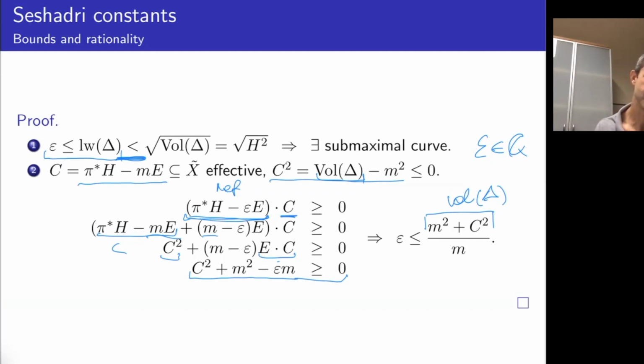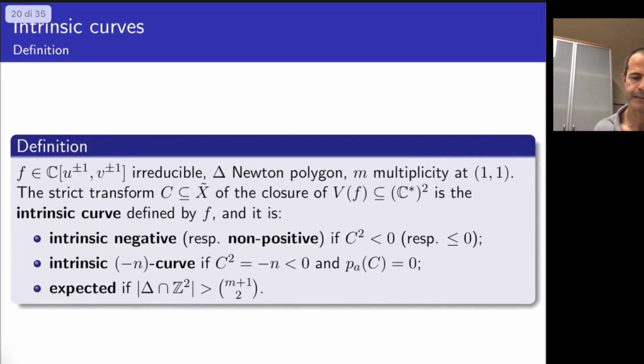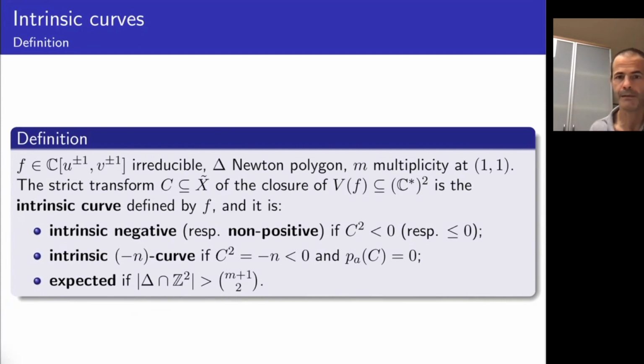In order to state some more results, I need to change the point of view a little bit. So now instead of starting from a polygon, we start from a polynomial, a Laurent polynomial in two variables, irreducible. And we consider delta to be its Newton polygon, which means the convex hull of the integer points corresponding to the exponents of the monomials of f.